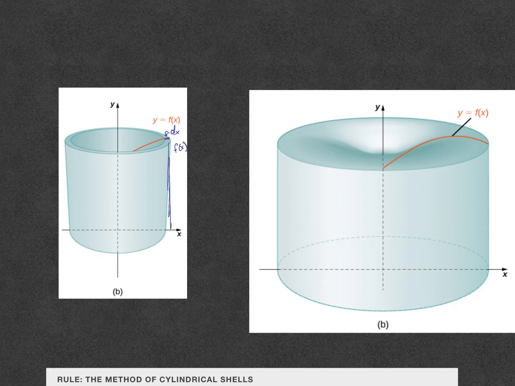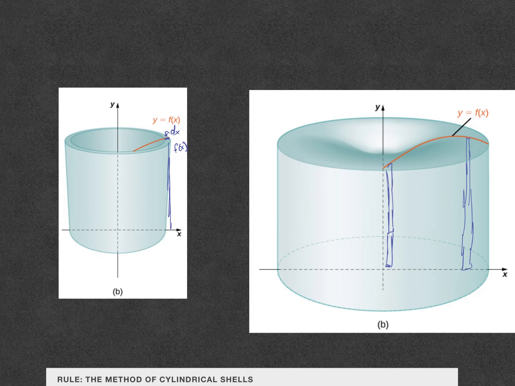Another really important point in where the formula comes from is the radius of the shell, because as you go from the inside of the region, this rectangle, whoops, I didn't draw it down to the x-axis. No, I did. That rectangle there would have a much different radius than a rectangle out here on the outskirts of the region.